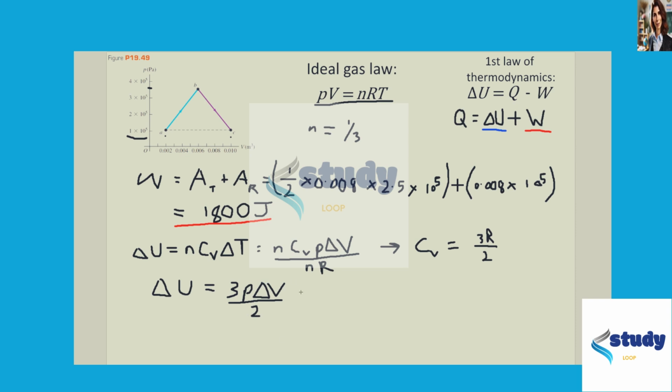So plugging in some values, delta U is equal to 3 times the constant pressure, which we've established is 10 to the 5, multiplied by the change in volume between the start and end, which will be 0.01 minus 0.002, so 0.008, over 2.